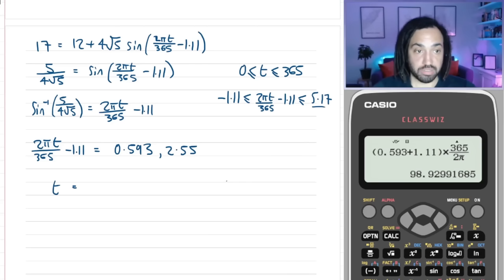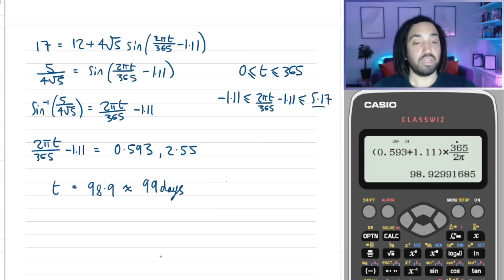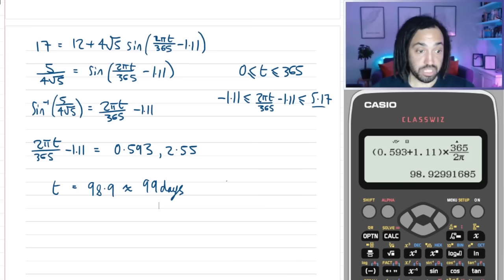Okay, great. So that gives us 8.9, which is approximately 99 days. And then we're going to do the same, but we're going to take that second solution.